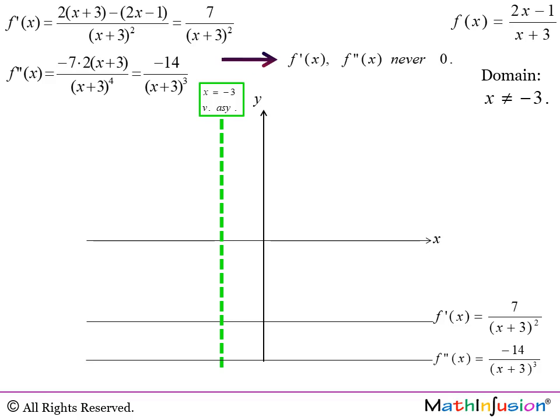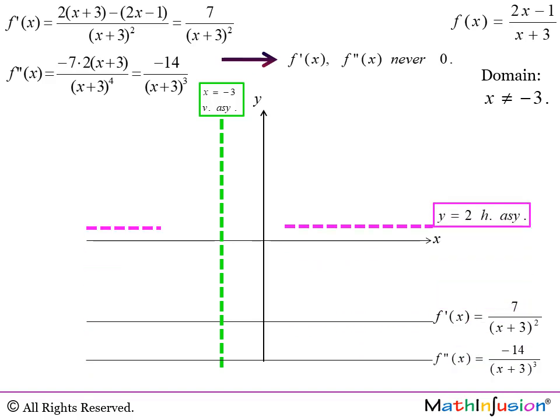We have to get here two parts, one to the left of the asymptote and one to the right of the asymptote. And I would like to recall, you never cross a vertical asymptote. x equals -3 is not in the domain of the function.